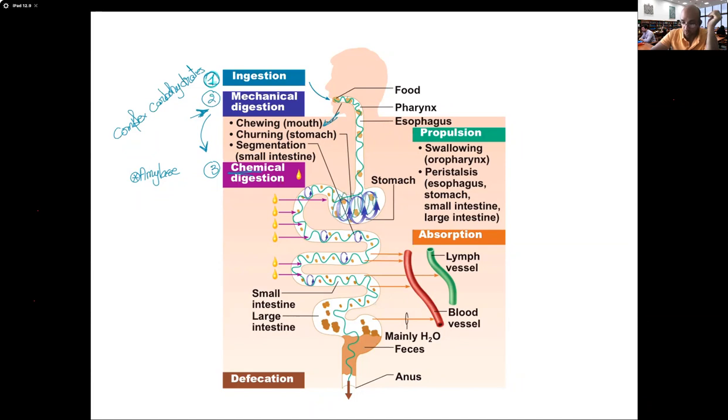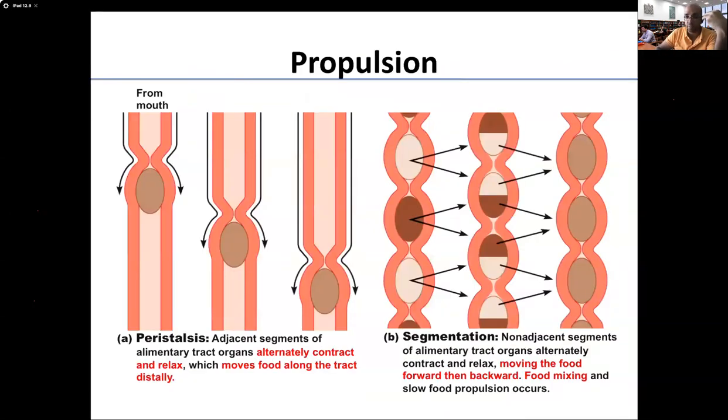And the stomach is going to be churning the food, cutting it into smaller pieces. And in the small intestine also, you're going to be performing mechanical digestion by a process that we call segmentation, a type of muscle movement of the small intestine.